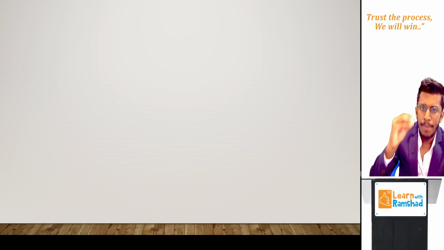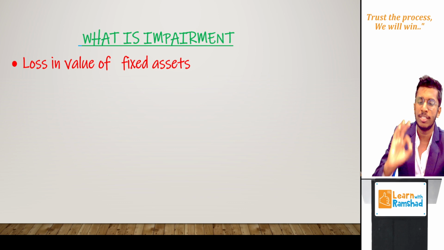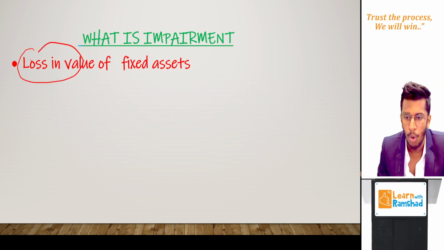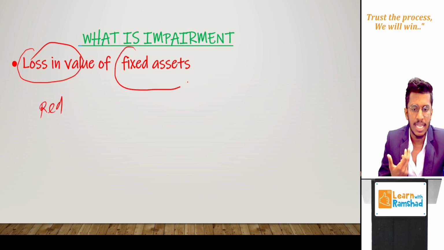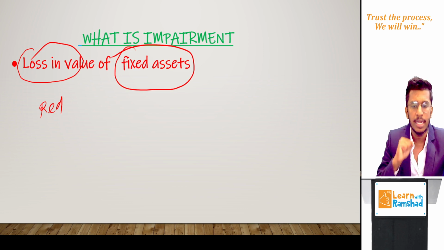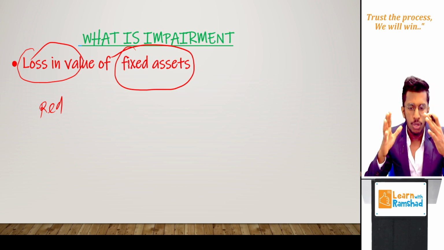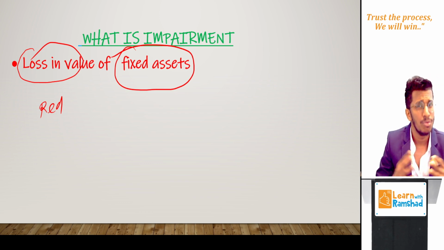Remember, in a simple sense, or in an unofficial way of explanation, impairment simply means a loss in value, a reduction in value of a fixed asset. As of now, I'll say fixed asset, right? So a value reduction to a fixed asset can be called impairment, right?